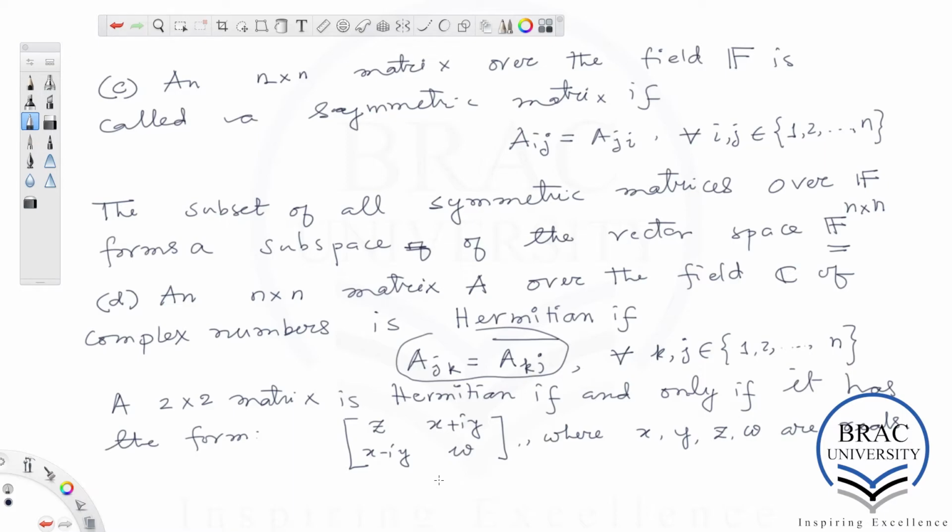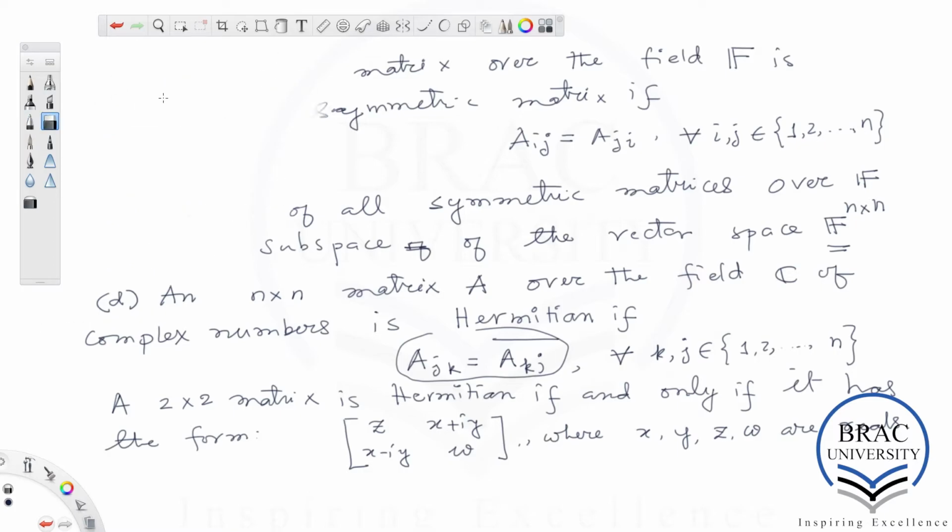I require you to check that a 2 times 2 complex Hermitian matrix has this form.